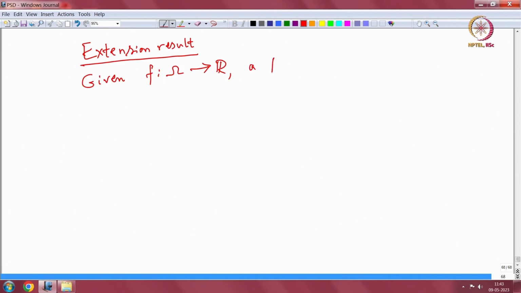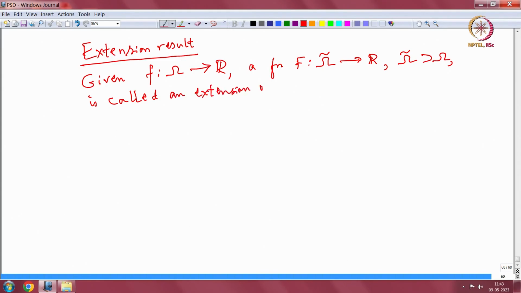A function F from Omega tilde to R, where this Omega tilde is larger than Omega, is called an extension of f if F(x) is equal to f(x) for all x in Omega.